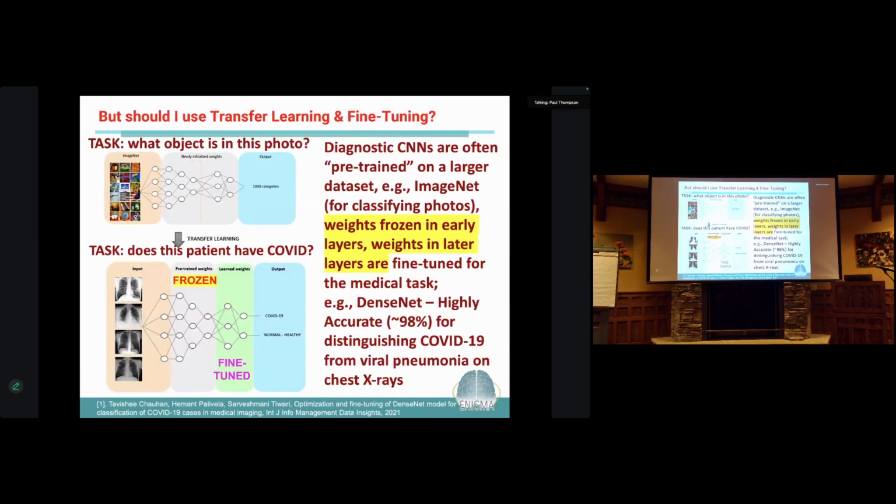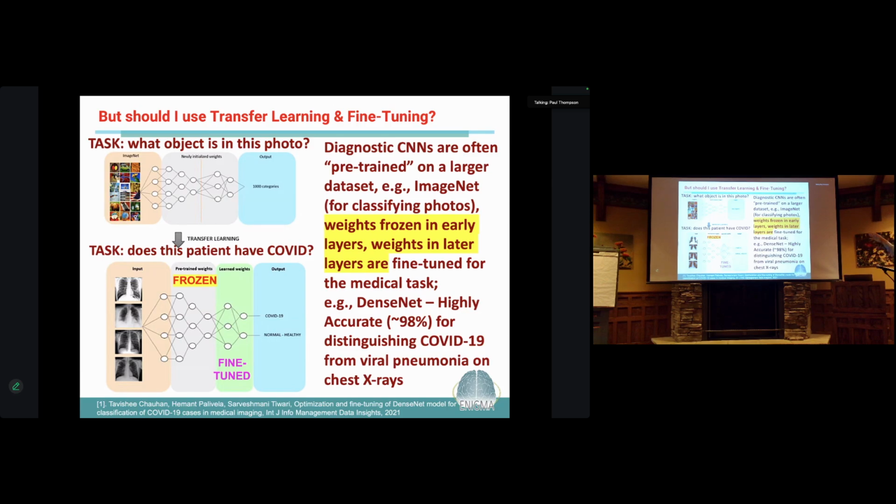Now, just a reminder, most people don't train these methods from scratch, so they go get a CNN or a vision transformer that someone else has trained, usually on photographs, natural images, and they do something called fine-tuning. So these diagnostic CNNs are often pre-trained on a larger data set like ImageNet, which is 14 million photographs of things.